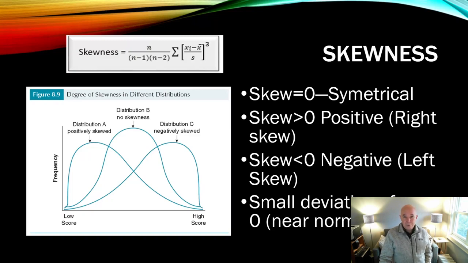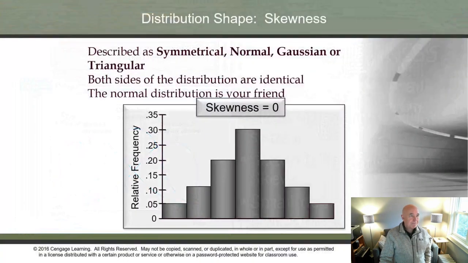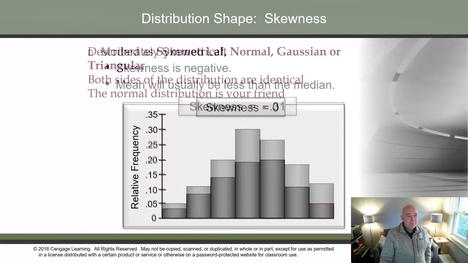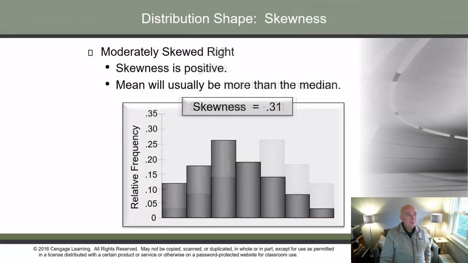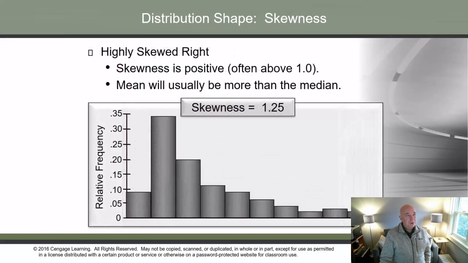Now, the mathematicians will worry about this. We won't. If your skew is less than 0.5, plus or minus from 0, you can call it near normal and work with it as a normal data set. Is it a normal data set? No, but for all intents and purposes in the professional world, we can use it like that. Just some examples of skew and what it might look like.